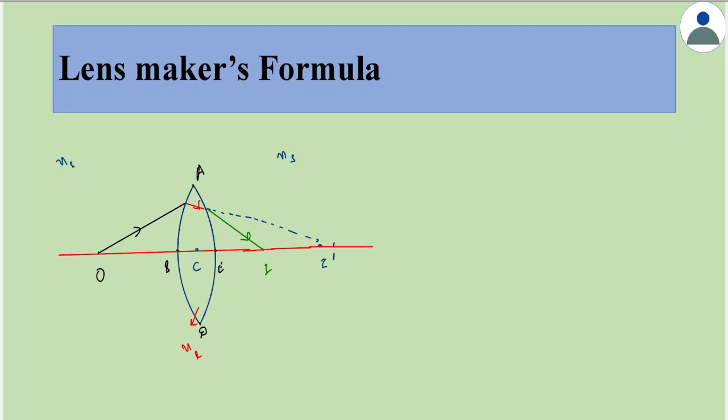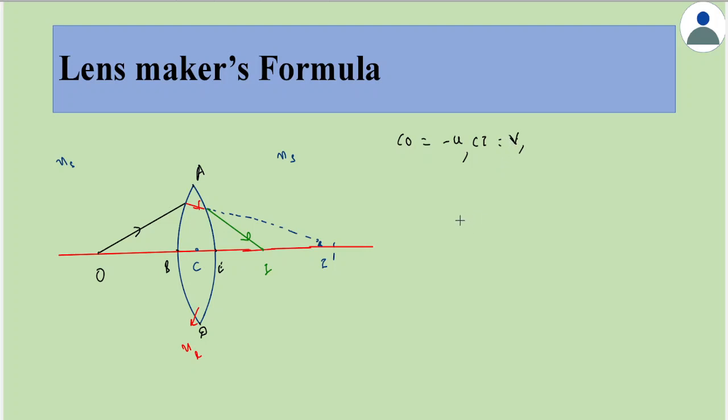I dash would have been the image if the surface AED was not there. We know for a lens that optic center is a reference point. So in this case, CO is minus U by sign convention, CI is plus V. This is what is by sign convention.